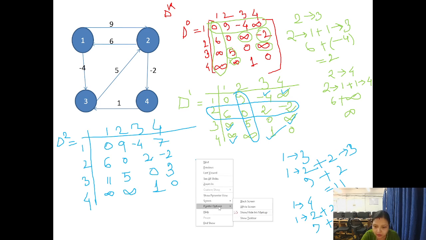Similarly, let me change the ink color for better understanding. We have to create D3.